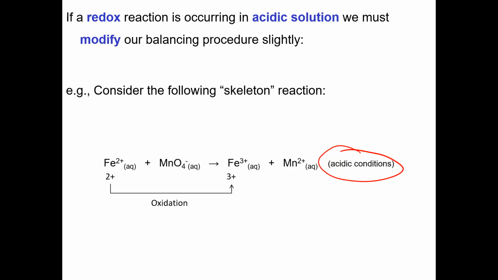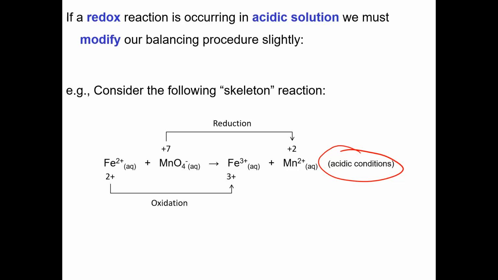So we can see here that the iron is being oxidized from a 2+ oxidation state to a 3+ oxidation state. Furthermore, we can see that the manganese is being reduced from the +7 oxidation state to the +2 oxidation state.